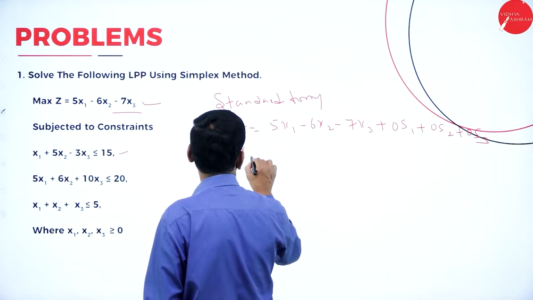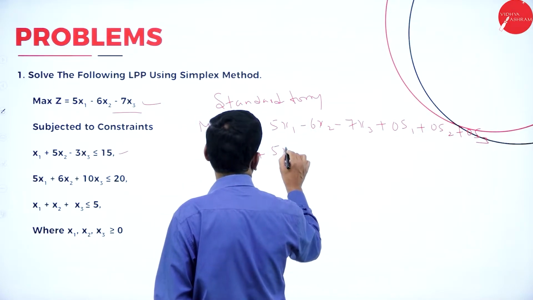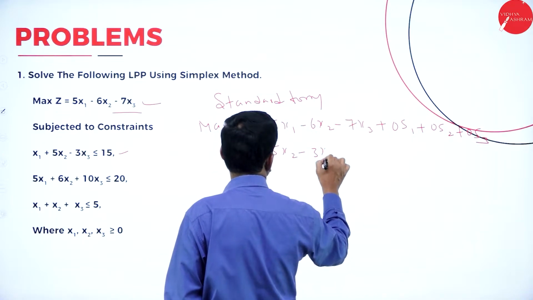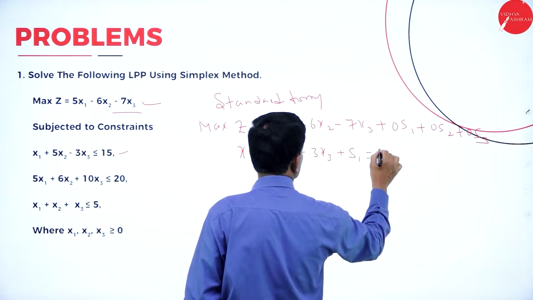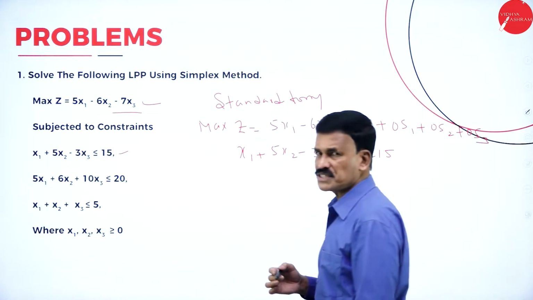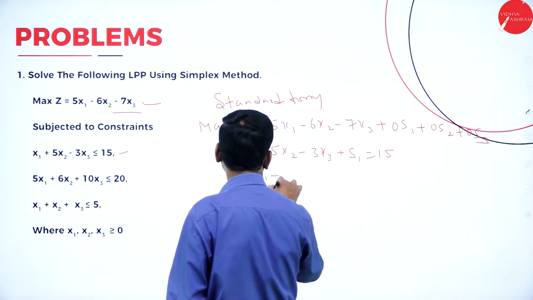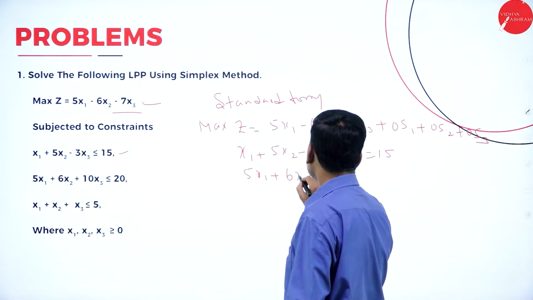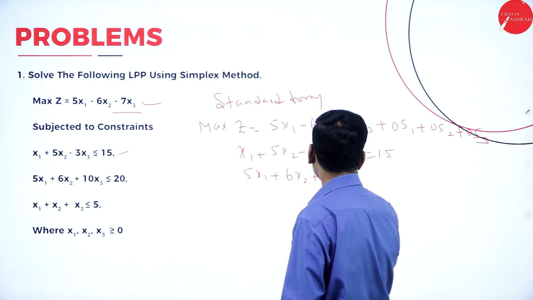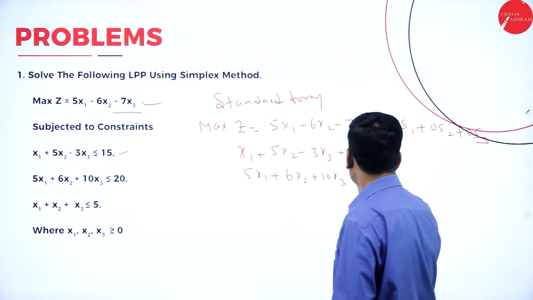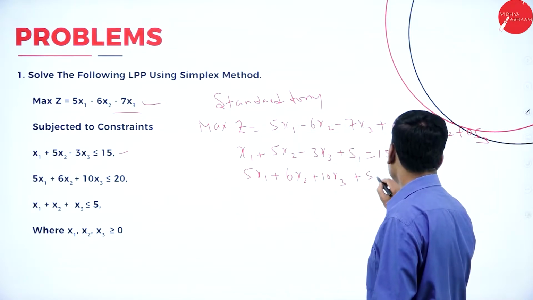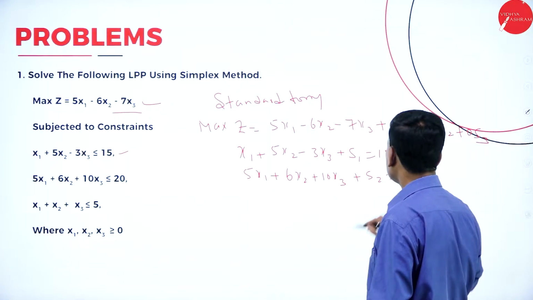Now the constraints are x1 plus 5x2 minus 3x3 plus s1 is equal to 15. The first equation. For the second equation, 5x1 plus 6x2 plus 10x3 plus another slack variable s2 is equal to 20.